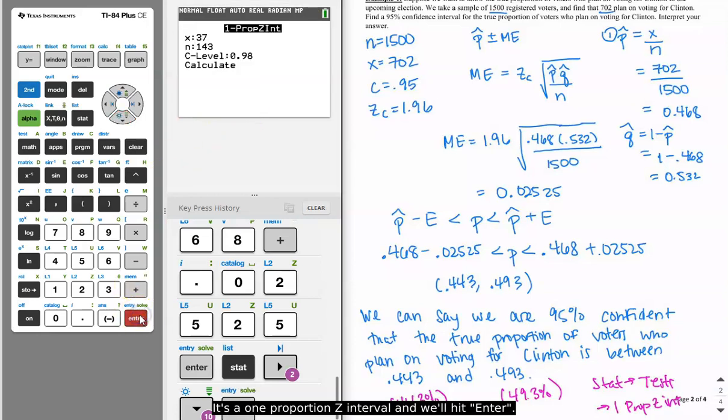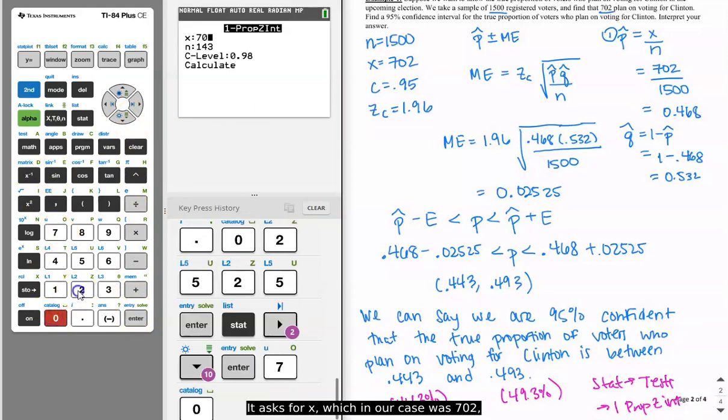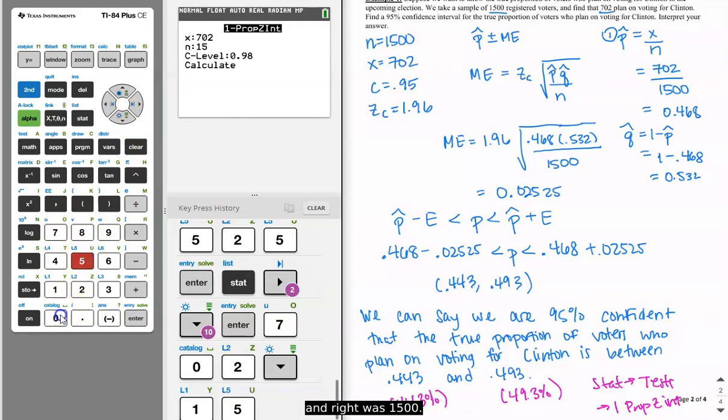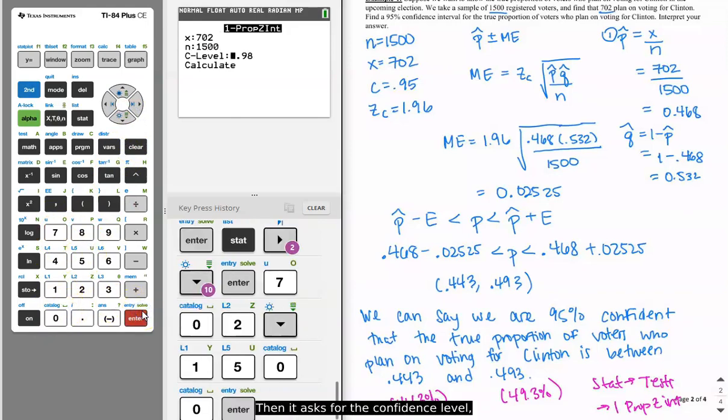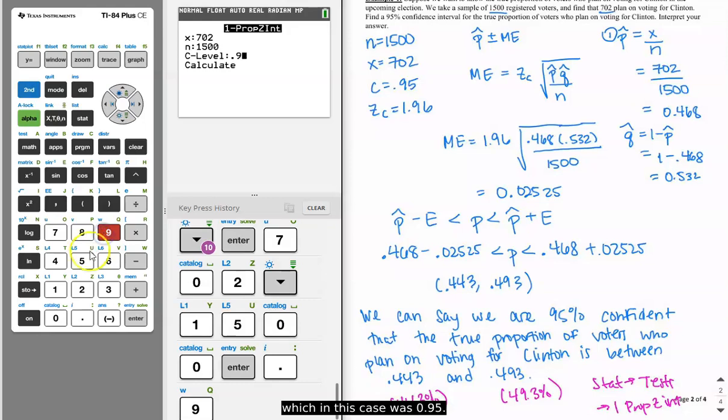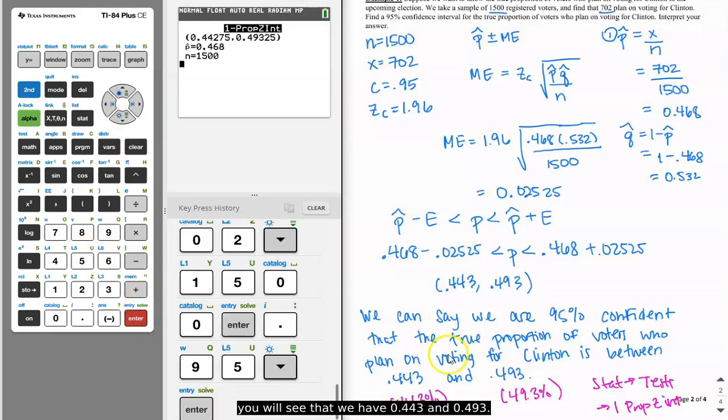And we'll hit enter. So it asks for x, which in our case was 702. N was 1500. And then it asks for the confidence level, which in this case was 0.95. And if I calculate that, you will see that we have 0.443 and 0.493. So we actually find that same thing.